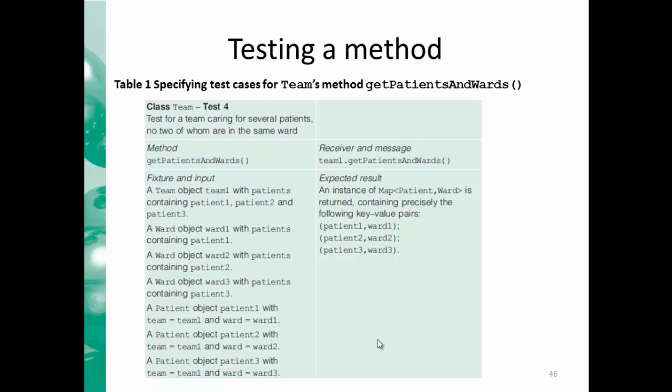So we say that patient object patient1 with team1 is in ward1, patient object patient2 with team1 is in ward2, patient object patient3 with team1 is in ward3. We expect a result that patient1 is in ward1, patient2 is in ward2, patient3 is in ward3. If we don't get this result, then we know that our implementation is not correct.